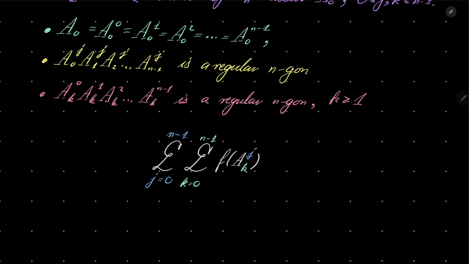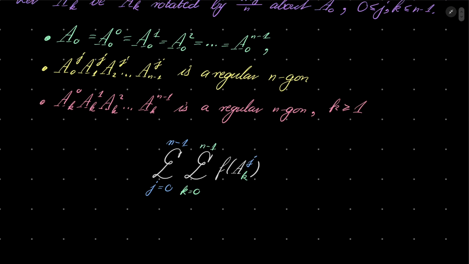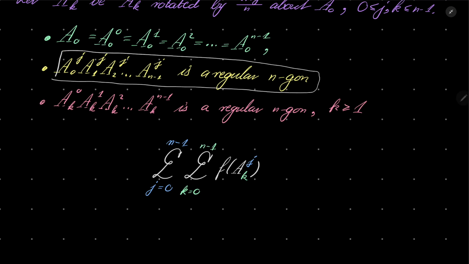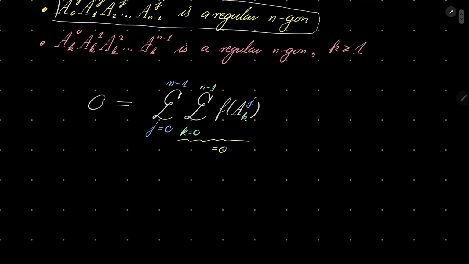Well, notice we have established that our inner sum is over k. K changes, and we know that for every j this is a regular n-gon. So our inner sum is 0, so our whole double sum is also 0. But notice that I can change the order of summation. So first I will sum over k from 0 to n minus 1, and then I will sum over j from 0 to n minus 1.